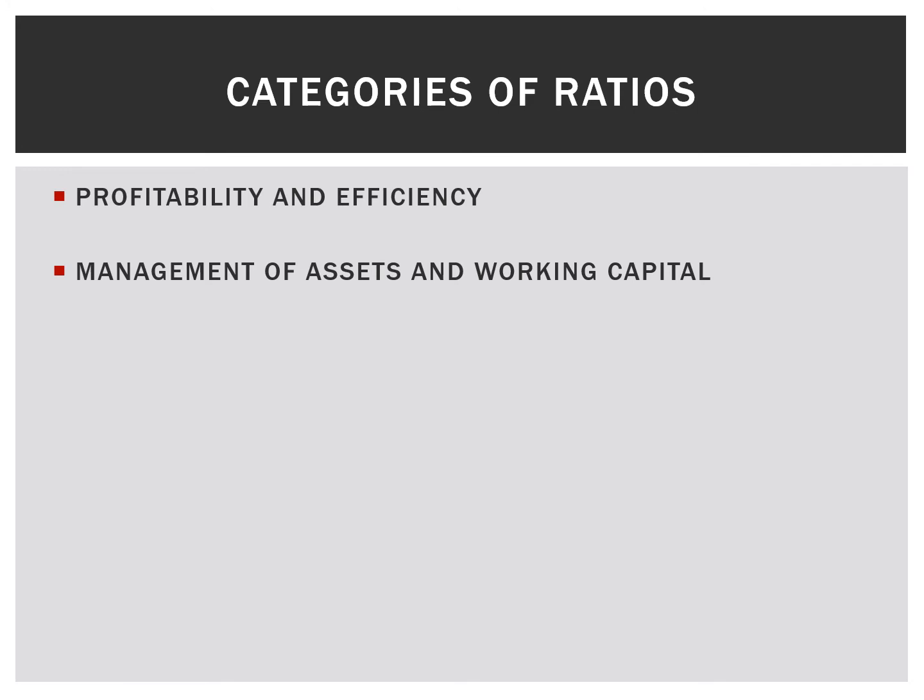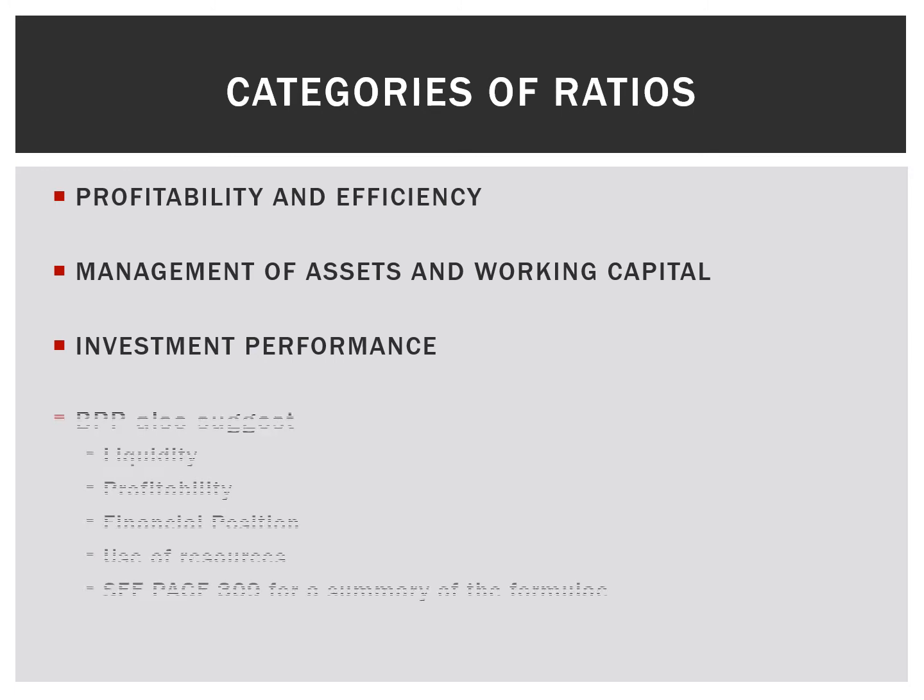Then a separate presentation will look at how the business is managing its working capital, really debtors, creditors and stock in particular. And then finally we'll have a look at the ratios that investors are likely to use to determine how well the company is doing from their point of view.